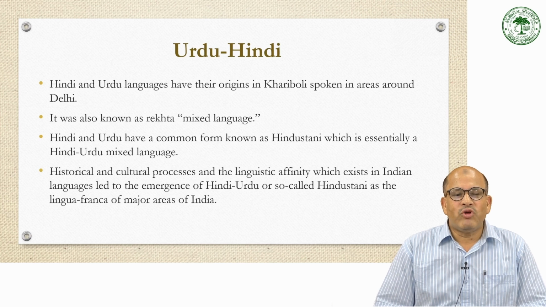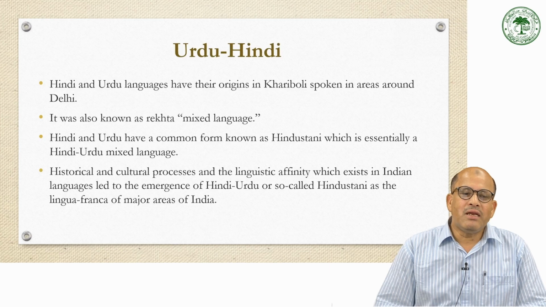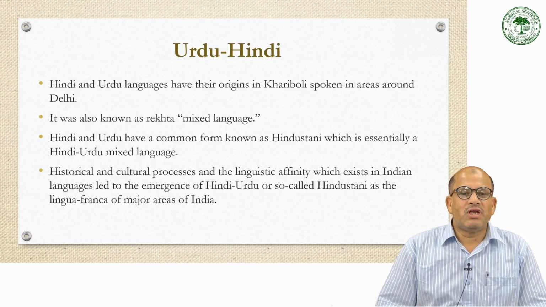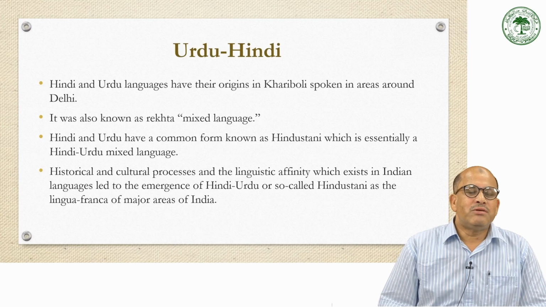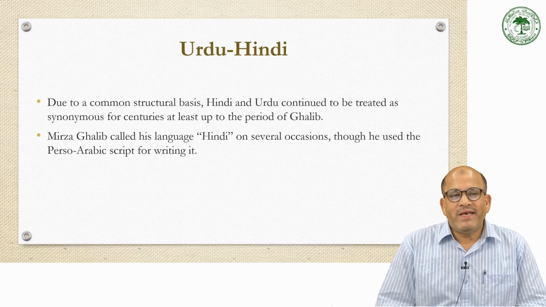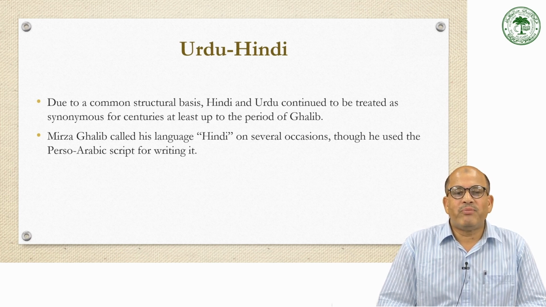Historical and cultural processes and the linguistic affinity which exists in Indian languages led to the emergence of Hindi-Urdu, or so-called Hindustani, as the lingua franca of major areas of India. When we say lingua franca, we mean the more popularly known, spoken languages of that particular region. Due to a common structural basis, Hindi and Urdu continued to be treated as synonymous for centuries, at least up to the period of Ghalib.